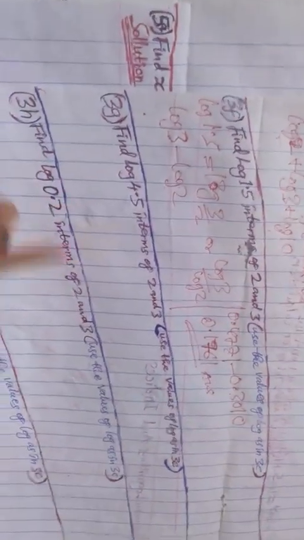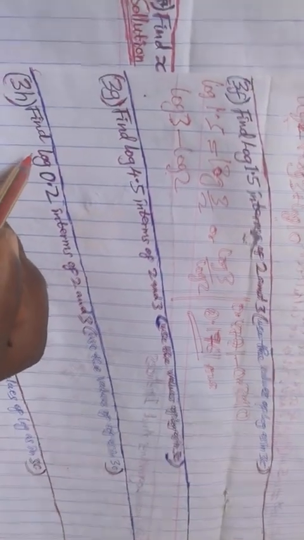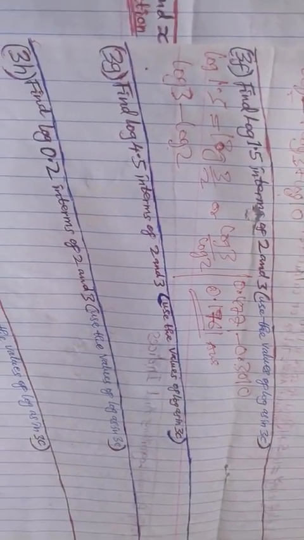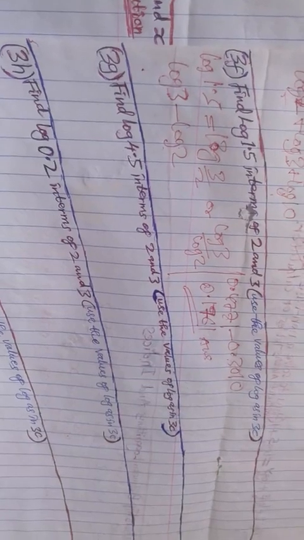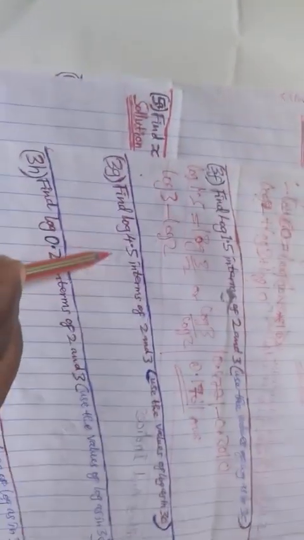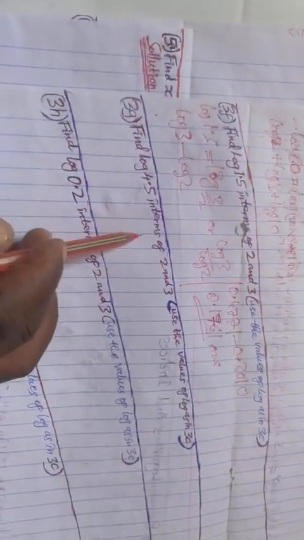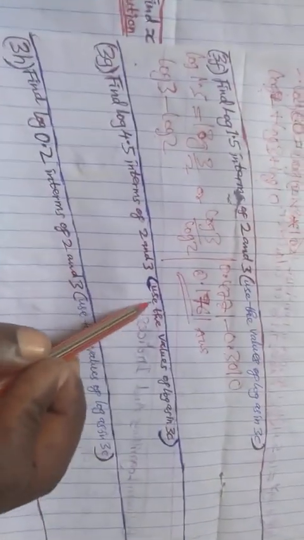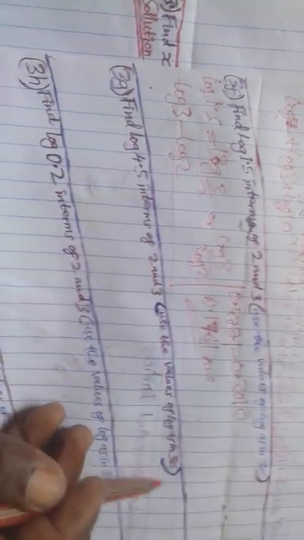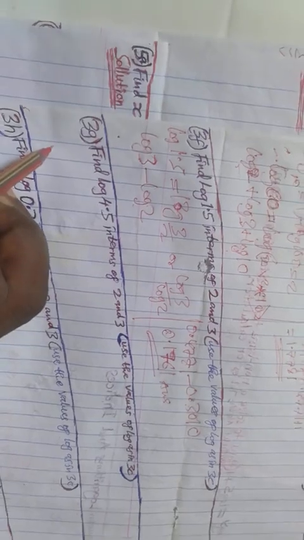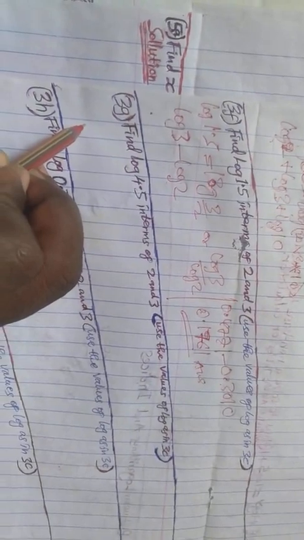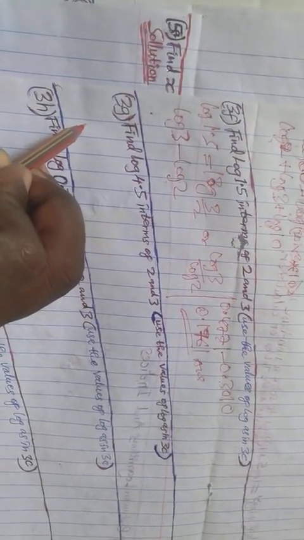Think of 4.5 in relation to 2 and 3 in terms of addition, subtraction, multiplication, and division.